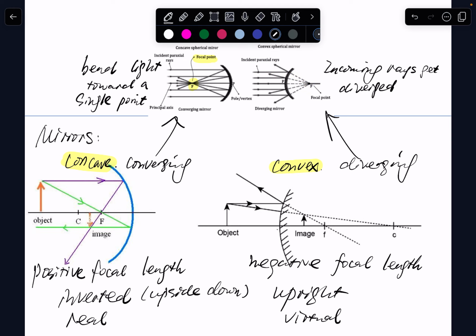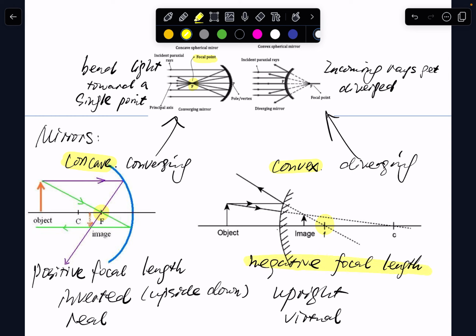The other difference between a concave mirror and a convex mirror is their focal length. One is on the reflecting side of the mirror, and the focal length of the convex mirror is really a negative one, because it's on the opposite side, as if the mirror never reflected the light. That's just not intuitive.